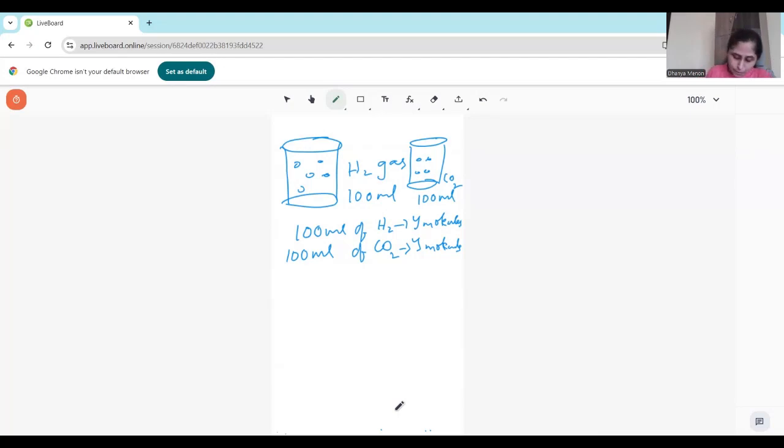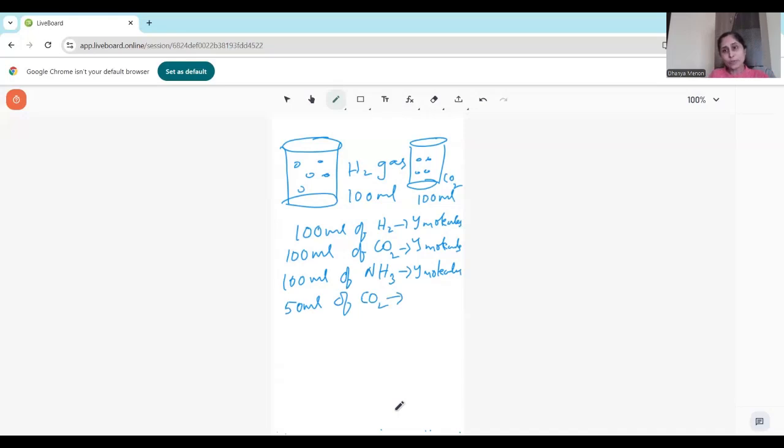So similarly, 100 ml of ammonia, how many molecules will it have? It will have Y molecules. But if I halve the volume, suppose 50 ml of carbon dioxide, how many molecules will it have?